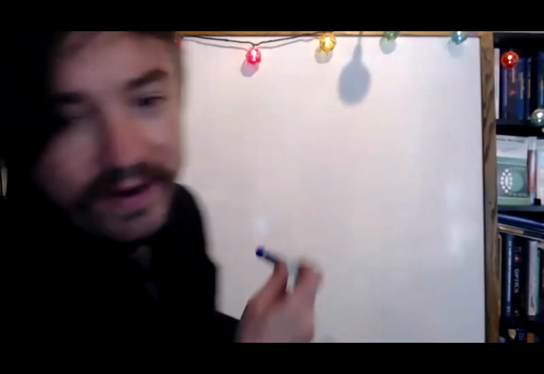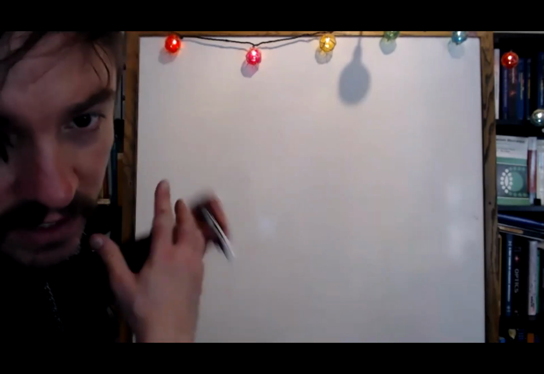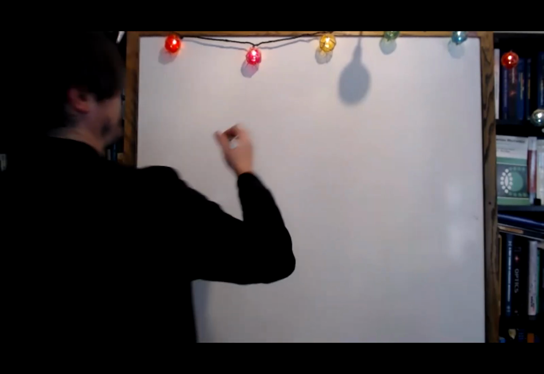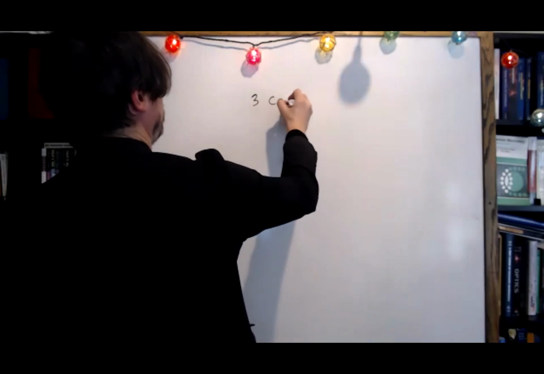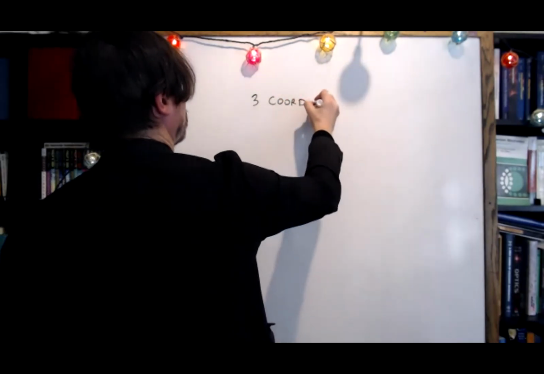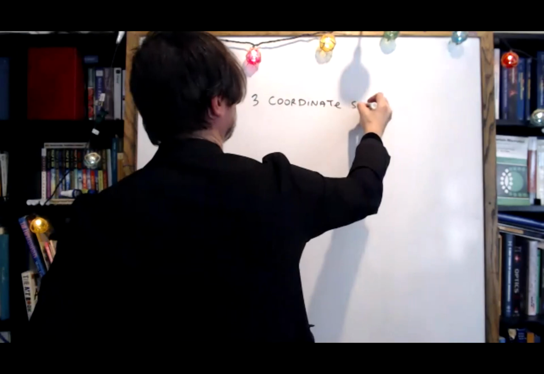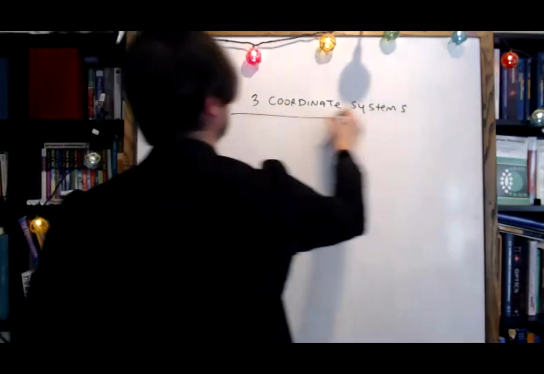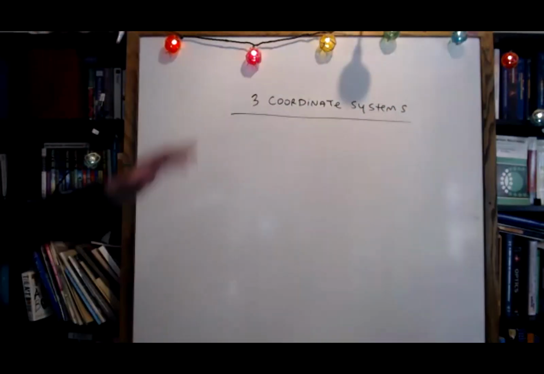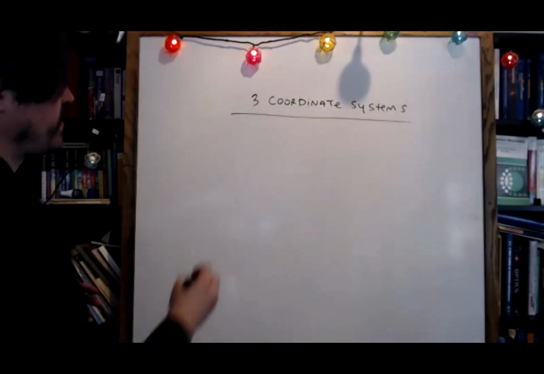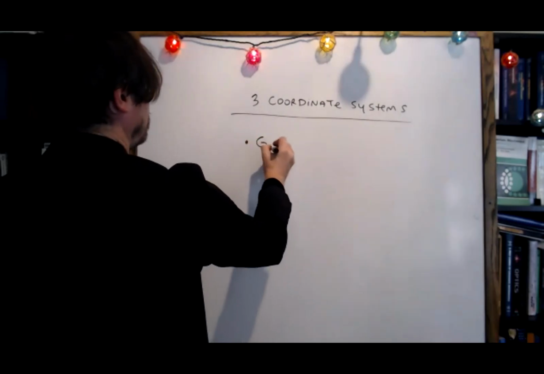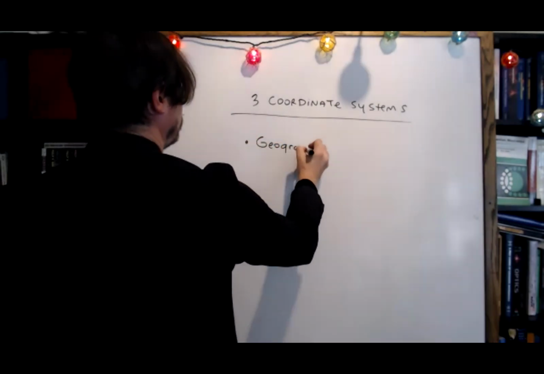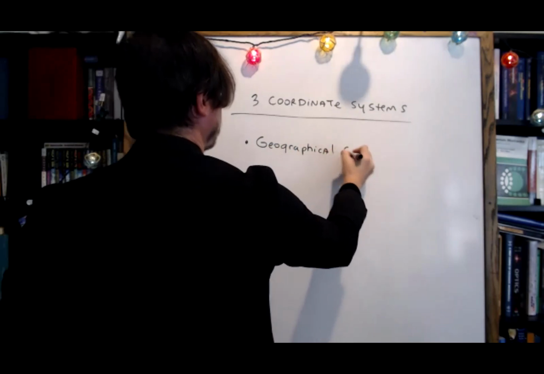We are going to require 3 coordinate systems in this class to have the ability to describe stars in our sky. 3 coordinate systems. And this is going to take the rest of our day. The first thing, this is just a little top-down view so you can see where we're going. We're going to need to review geographical coordinates.